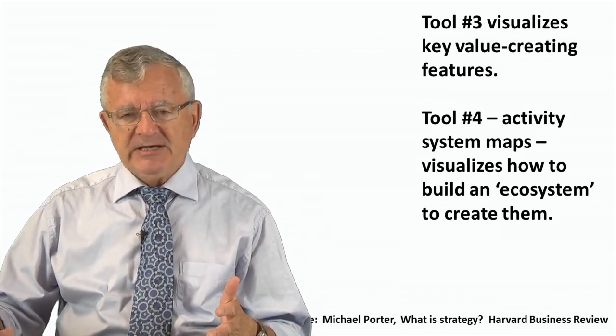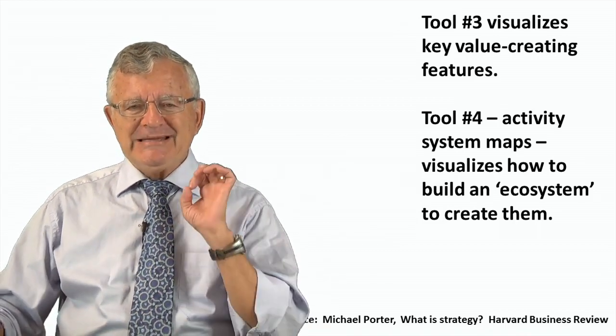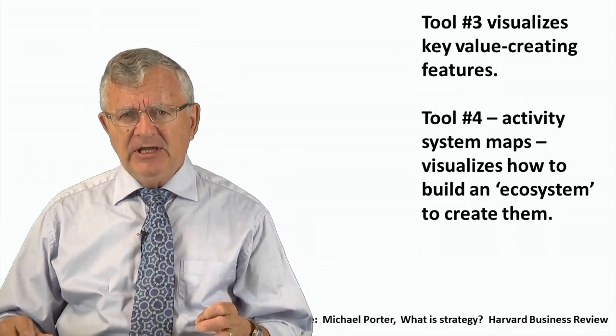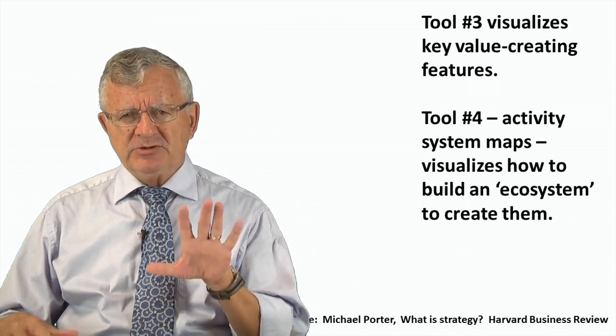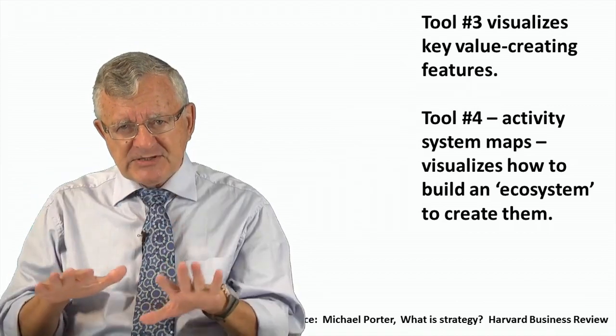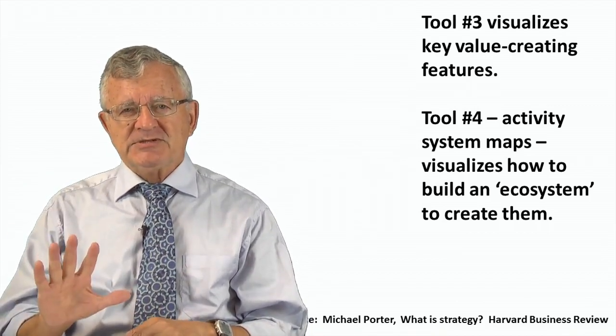And they visualize how to build an ecosystem. Remember, in our introductory session together, we talked about what is a business. And in Gary Hamel's approach, one of the key features or aspects of a business, one of the 4 boxes, was the value network or the ecosystem.